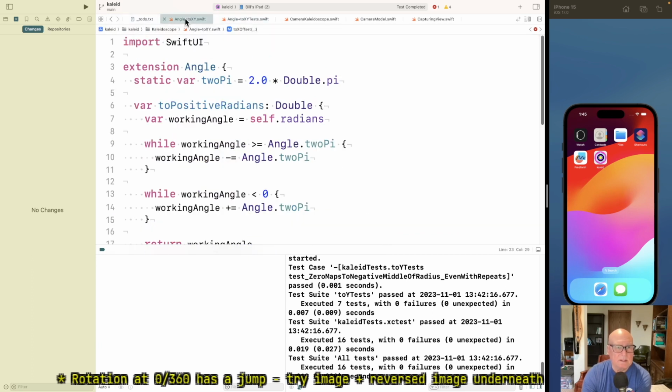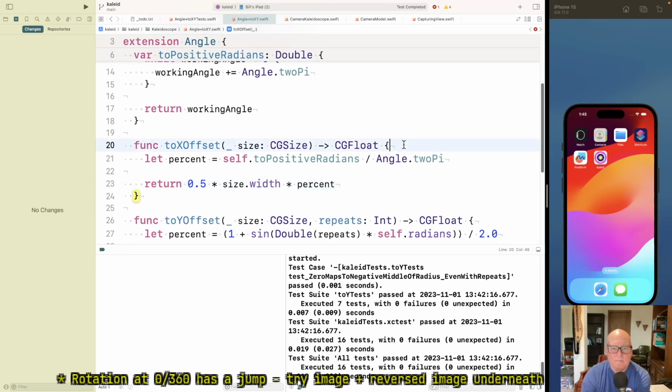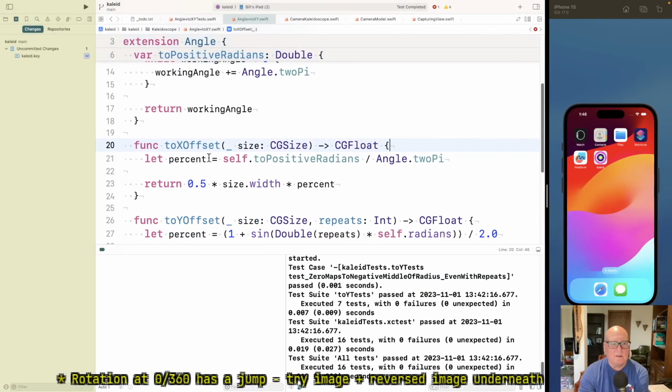I think what we're saying is going to change is, well, we're going to test up to, I guess this is just before pi, and this is pi to 2 pi. So we're going to test if you're less than pi or over pi.